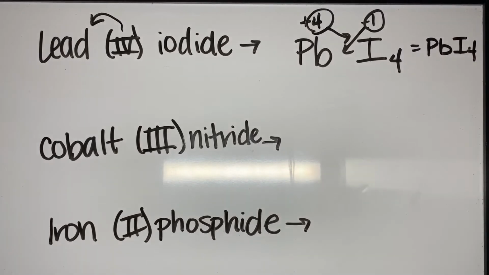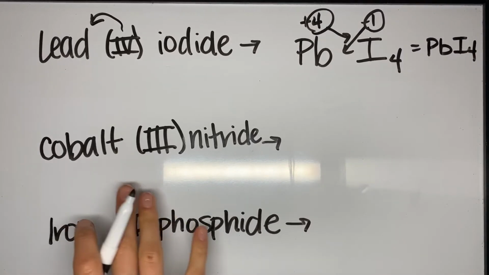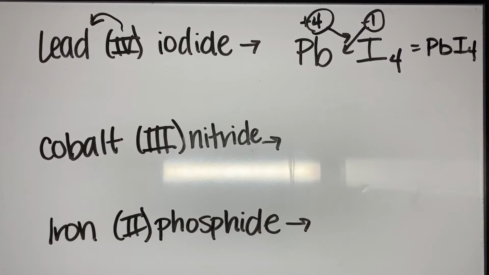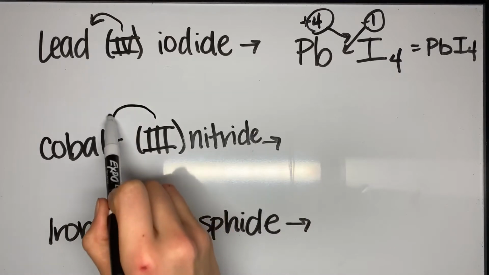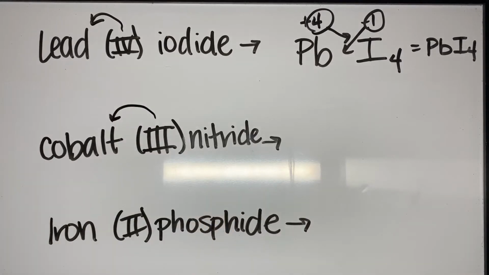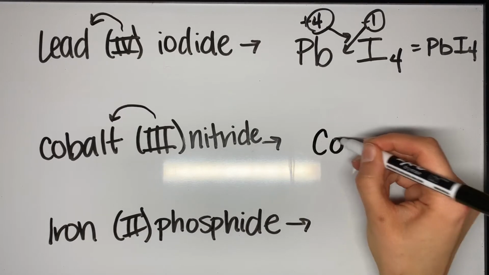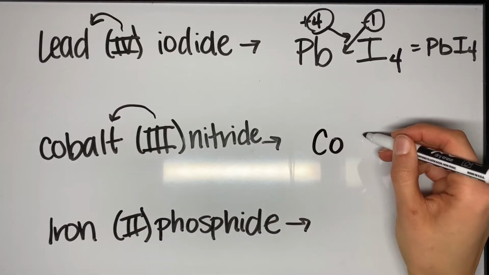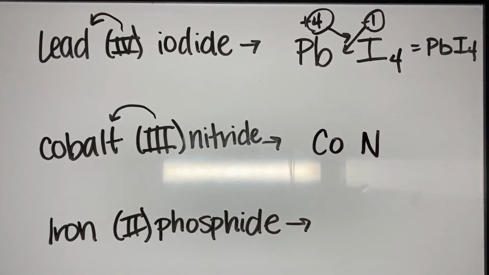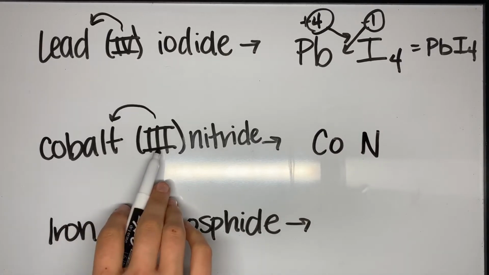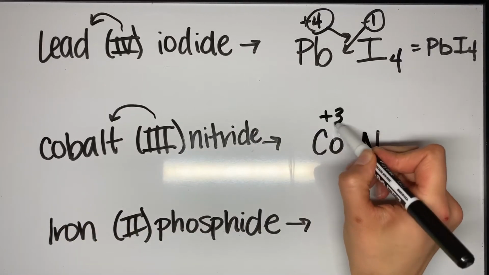For the second one here, if you look at cobalt on your periodic table, you'll see that it has multiple possible charges. You've been told that this cobalt is a +3. So to start, we're going to write the symbols. Cobalt is Co, nitrogen or nitride is N. Cobalt, you're told, is a +3.